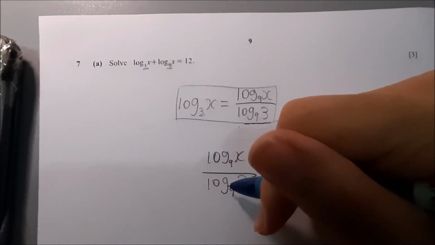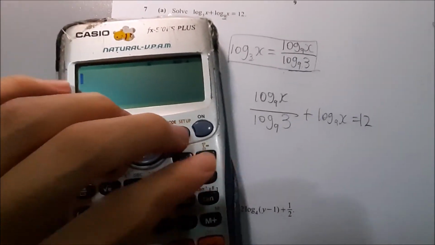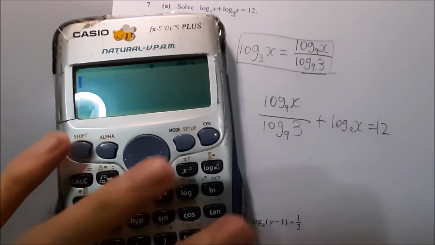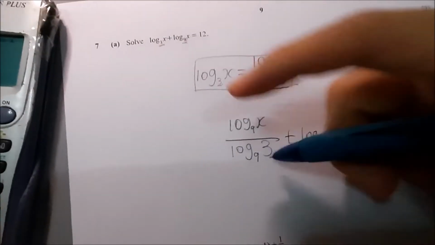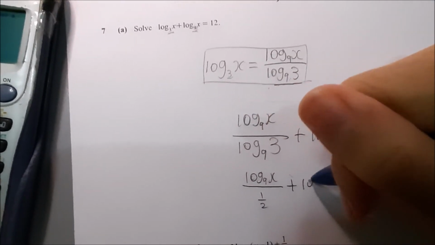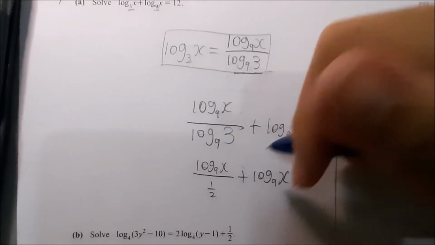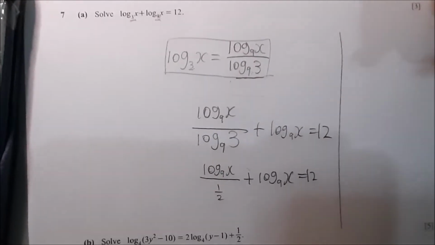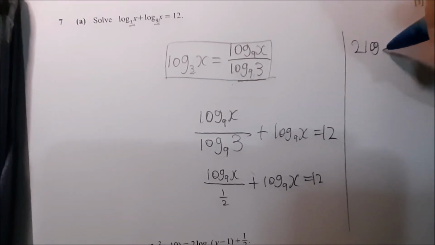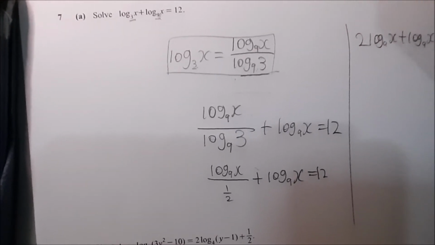And then using my calculator, log 9/3 would be half. So it would be log 9x divided by half plus log 9x equals to 12. So log 9x divided by half would be 2. So it would be 2 log 9x plus log 9x equals to 12.